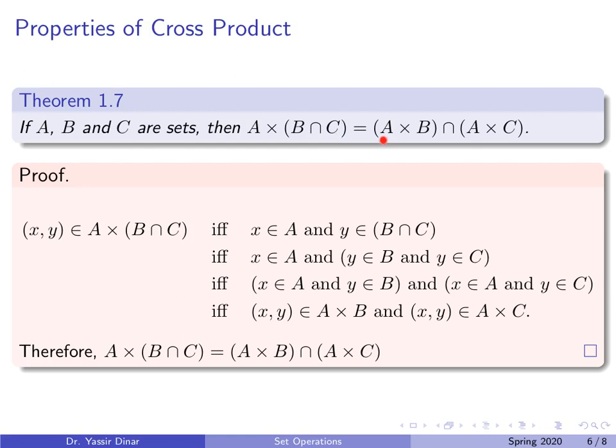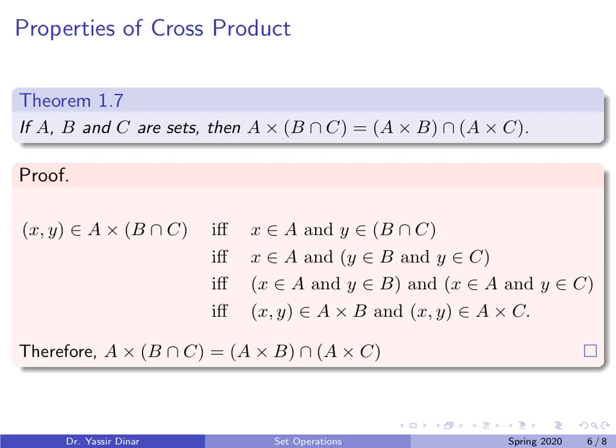While for the second one, you do the cross product first, A with B and A with C, and after that you do the intersection. You can see that this kind of operation is not new to you. We always call it the distribution law. You have two operations, cross and intersection, and what you do is distribute the cross over the other operator. So A cross B intersection A cross C gives you this one. It is a distribution law.